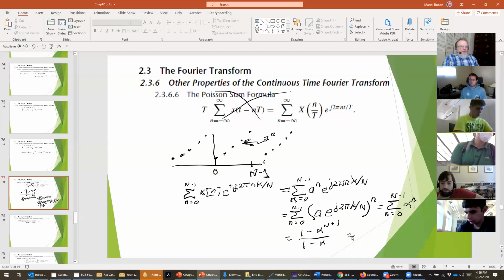So this summation, the DFT, is equal to 1 minus a e to the j 2 pi k. I'm running out of board space here, gentlemen.